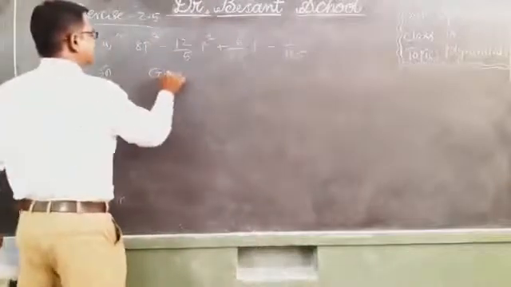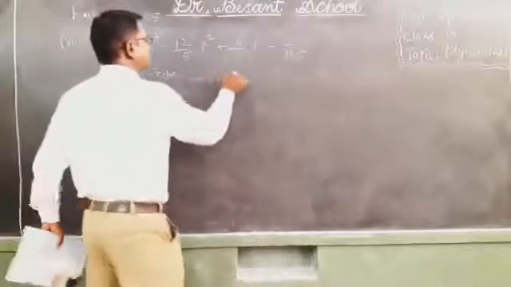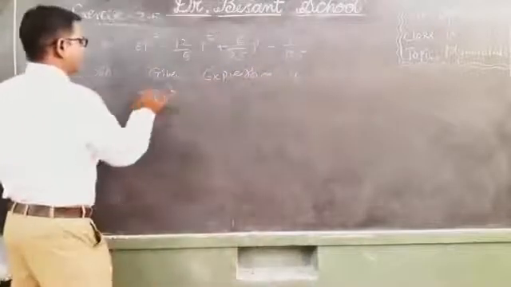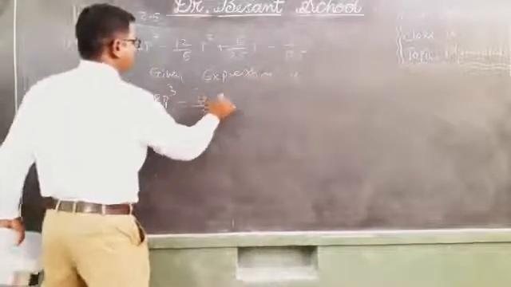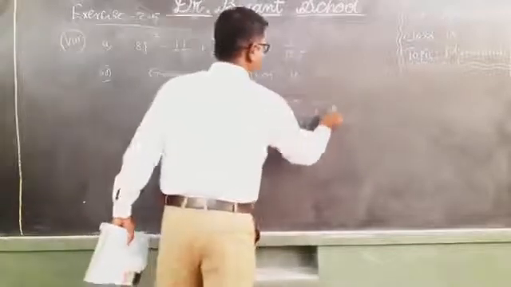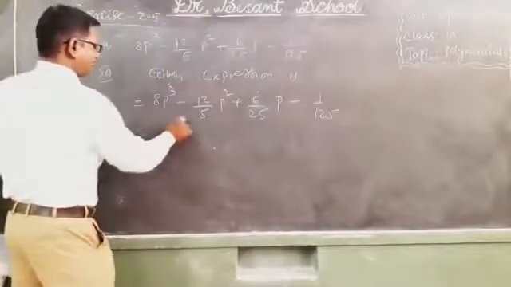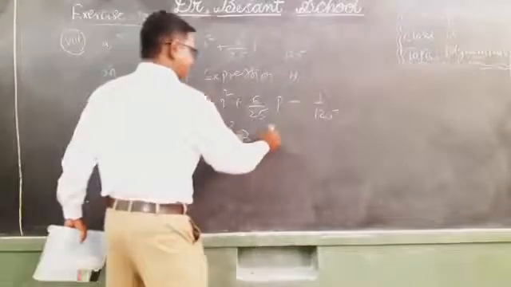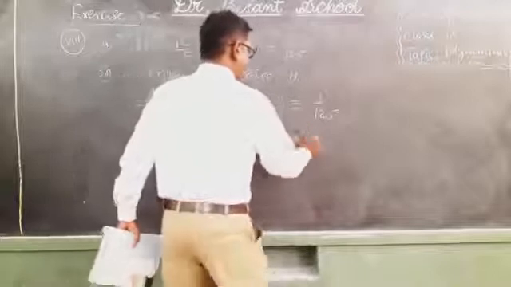See this one. Solution. The given expression is 8p cube minus 12 by 5 p square plus 6 by 25 p minus 1 by 125. This must be converted into the form of a cube minus 3a square b plus 3ab square minus b cube.